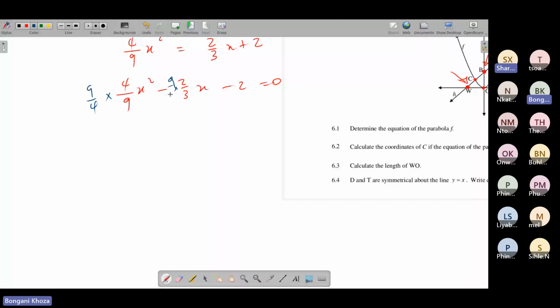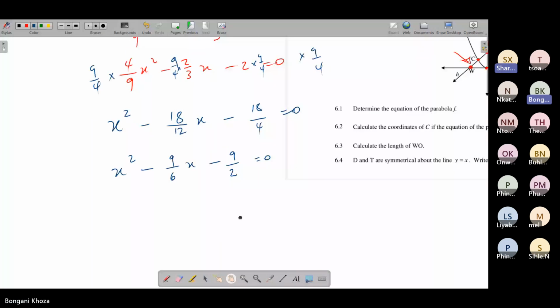So this ends up giving us x squared minus, this is going to be 18 over 12 x minus, this is going to be 18 over 4, equals 0. So this is what we have now. Let's see if we can simplify it further. x squared, this is just going to be 9 over 6 x minus, this is going to be 9 over 2, like that, equals 0.